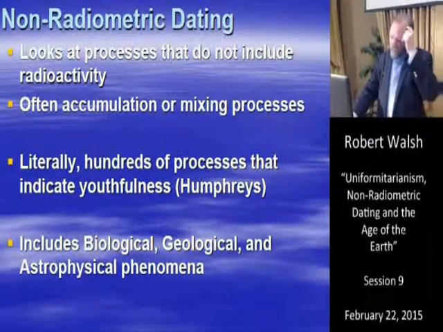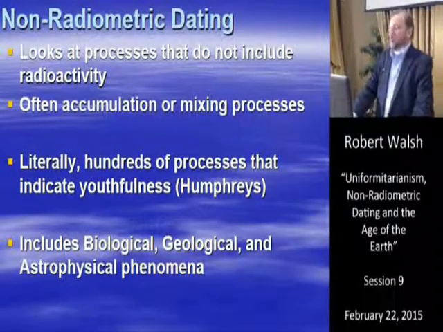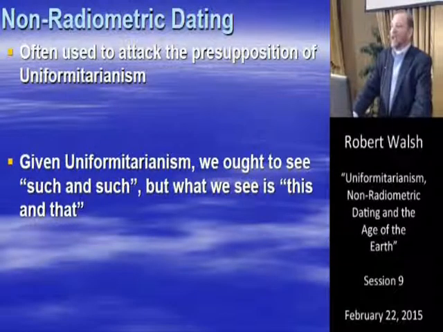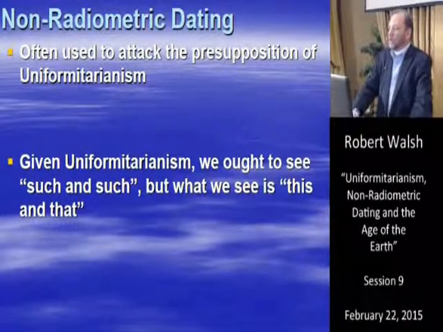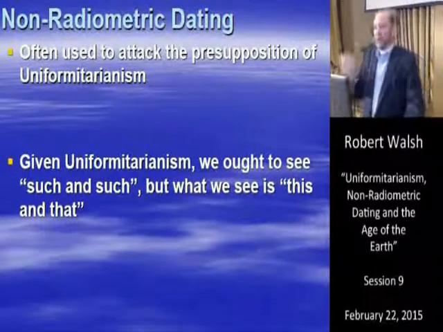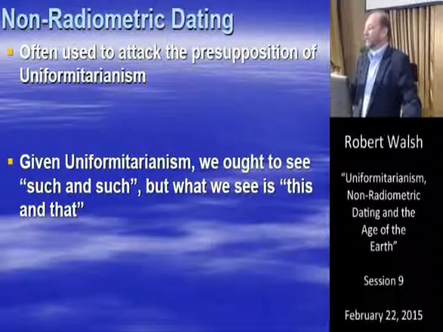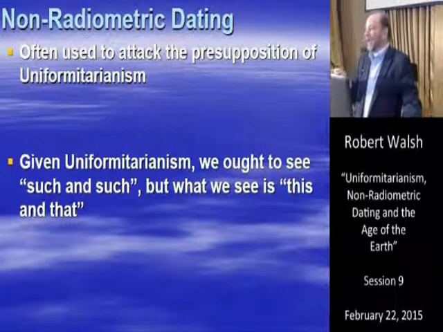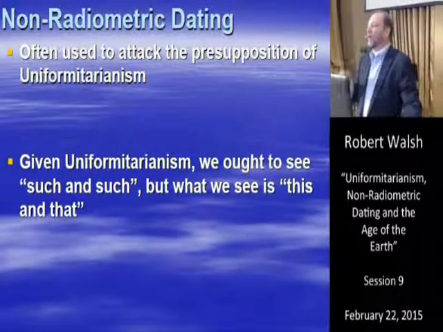Okay, these techniques are often used by creationists to attack the presupposition of uniformitarianism. And this is not an illegitimate method, because what is being done is we are using the doctrine of uniformitarianism to show that if it is used, it ends up contradicting itself. Okay, so it's kind of like proof by contradiction.